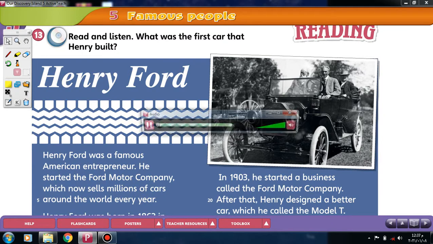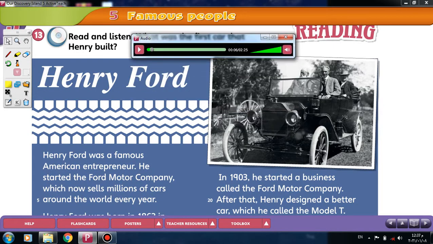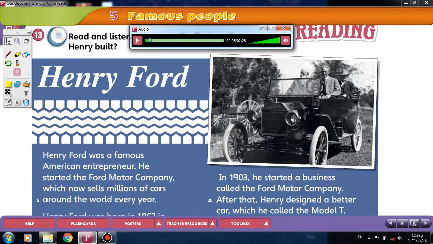So let's see who is Henry Ford. Unit 5, Lesson 5, Activity 13. And I guess you might guess who Henry Ford is from his name. His name is quite popular.